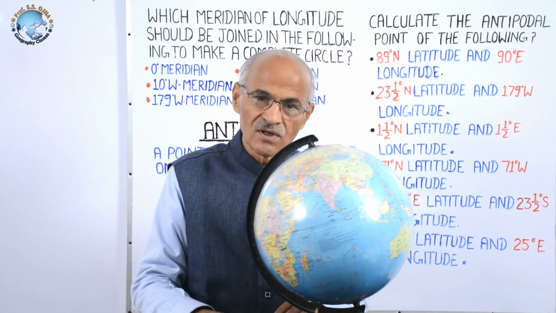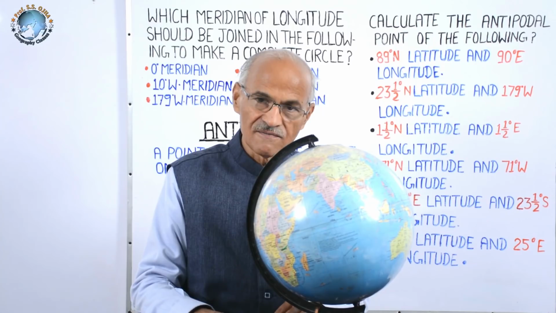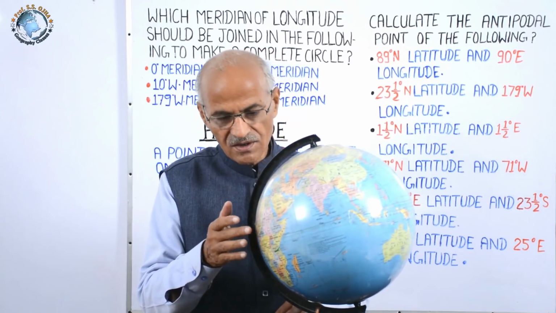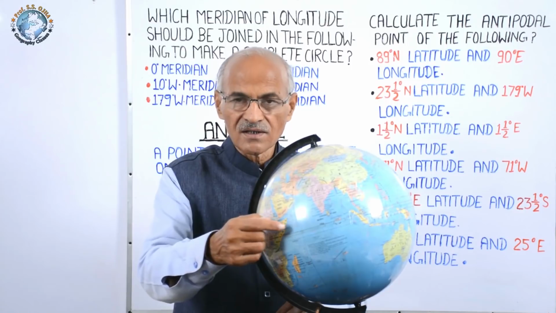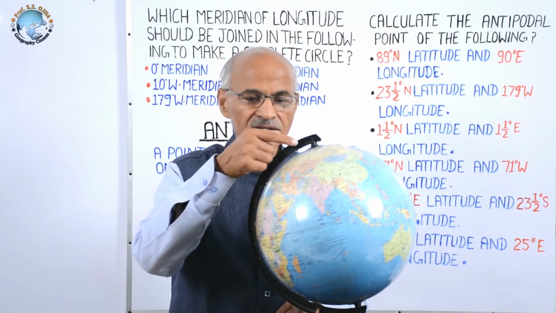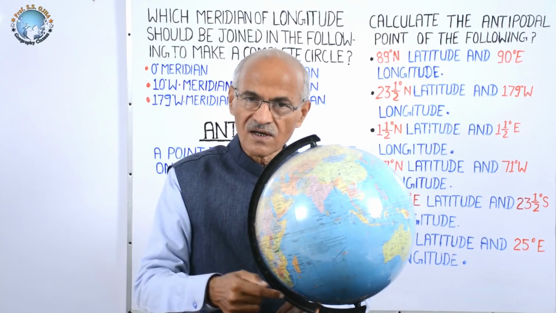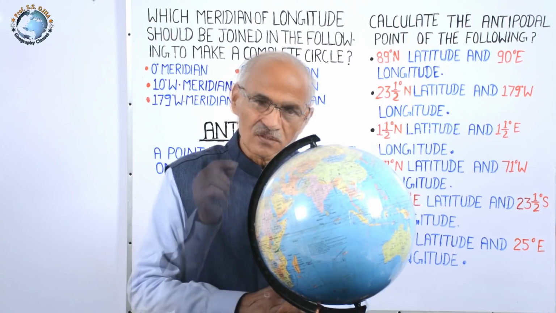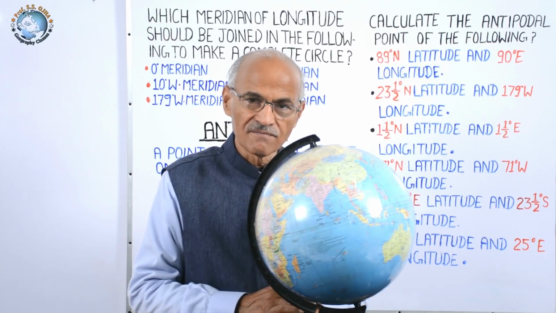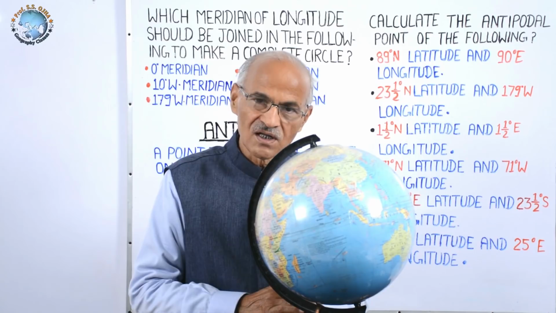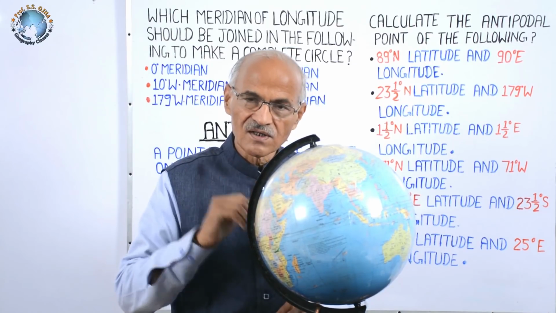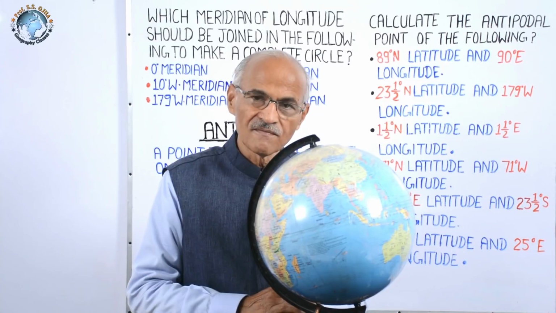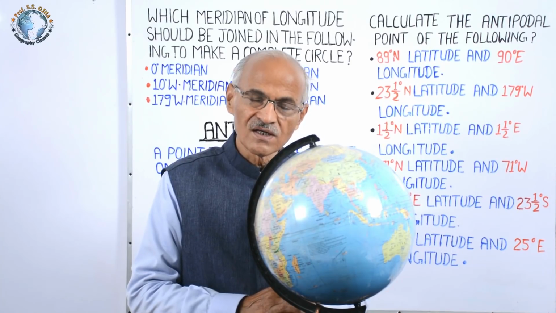For that, you have to use parallels of latitude and meridians of longitude simultaneously. Suppose this is 0 degree latitude, equator, and here is 0 degree meridian of longitude. Both are cutting at a certain point, and now two are used at a time. But if used separately, parallels of latitude are used for belts, that is, climatic belts.